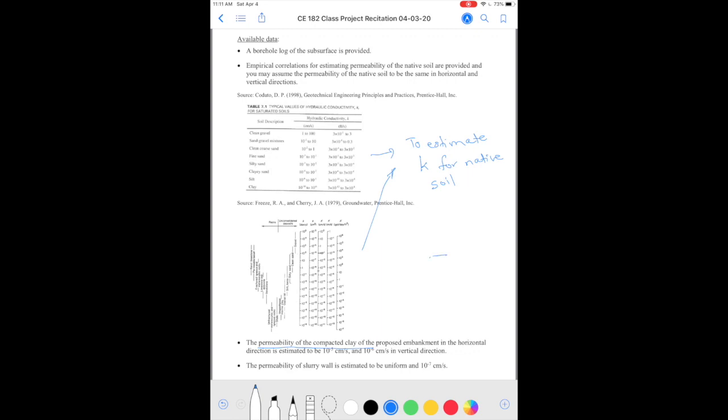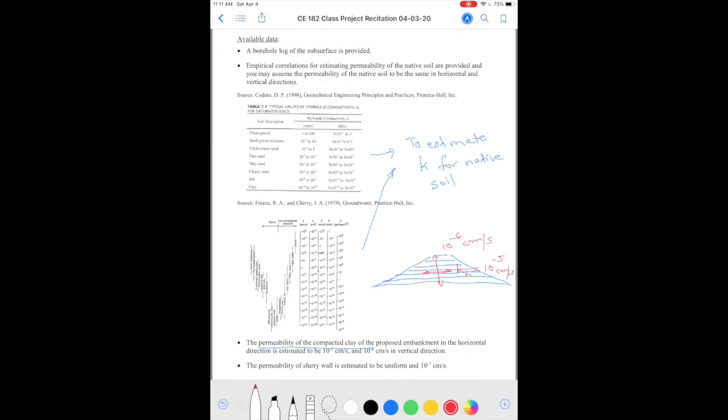So when embankments are built using compacted material in layers, you sometimes expect to see higher permeability in the horizontal direction than the vertical direction. So what it is saying is that the permeability in the horizontal direction, KH, is 10 to the negative 5 centimeter per second, and in the vertical direction it is 10 to the negative 6 centimeter per second.